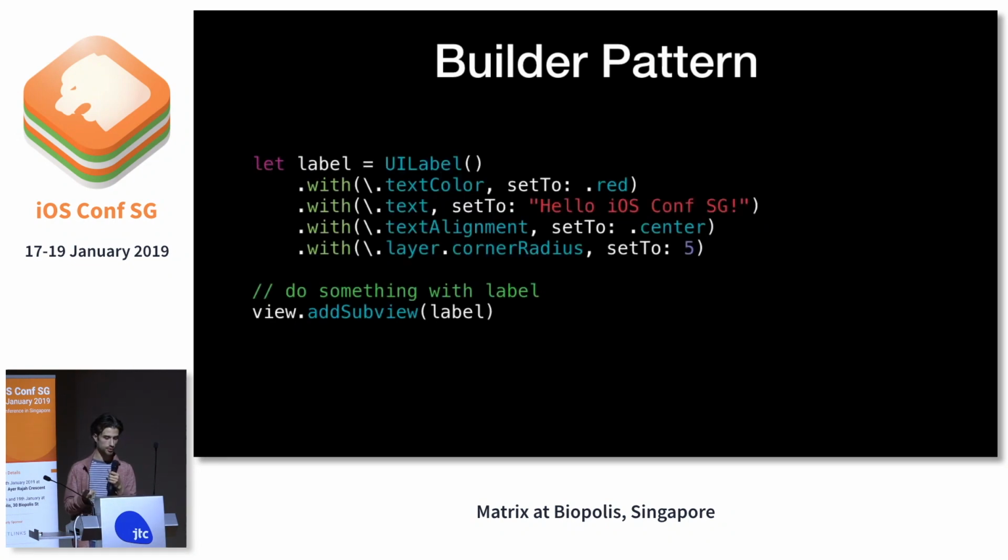And now with this, we are able to write this kind of code where we can instantiate an object and chain several calls to the with function, where we say with text color set to red, with text set to this string, etc. And this way, we now have a very clear and very visible separation between when we are building our object and when we are using it.